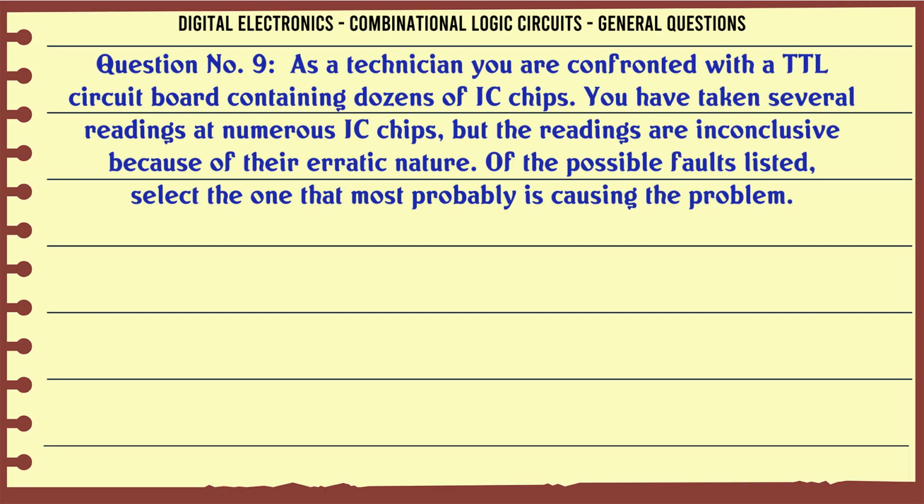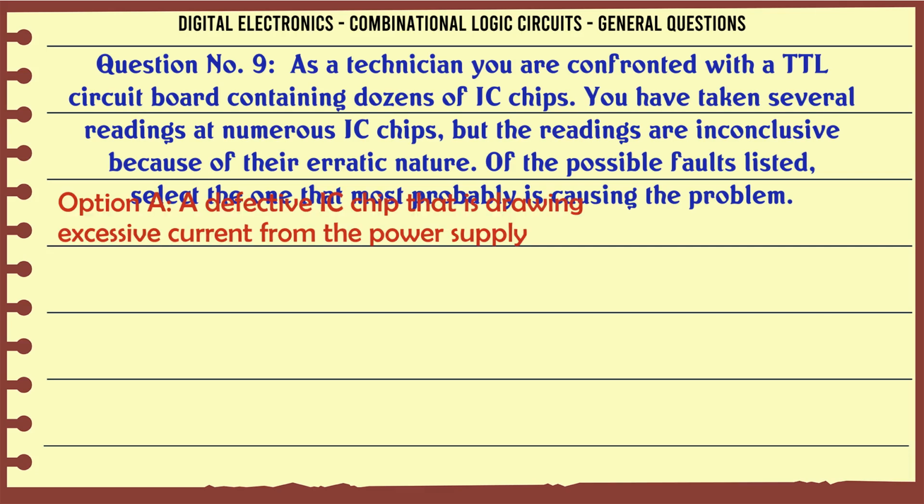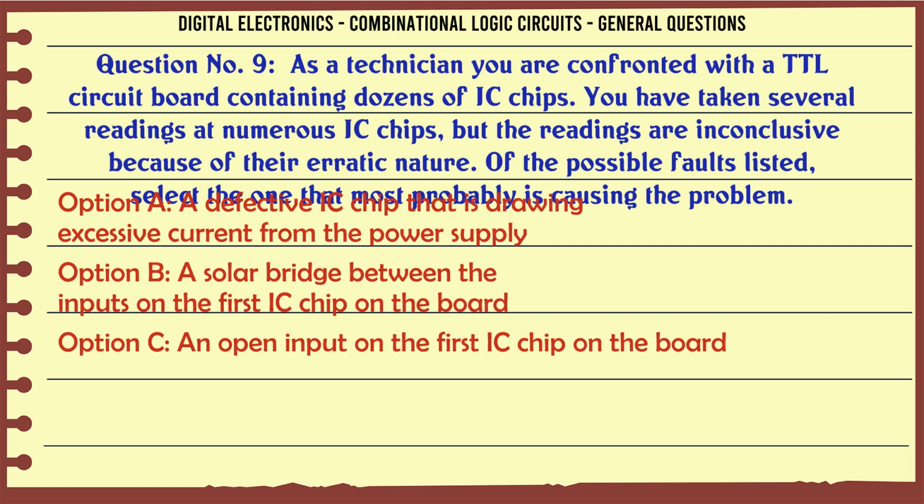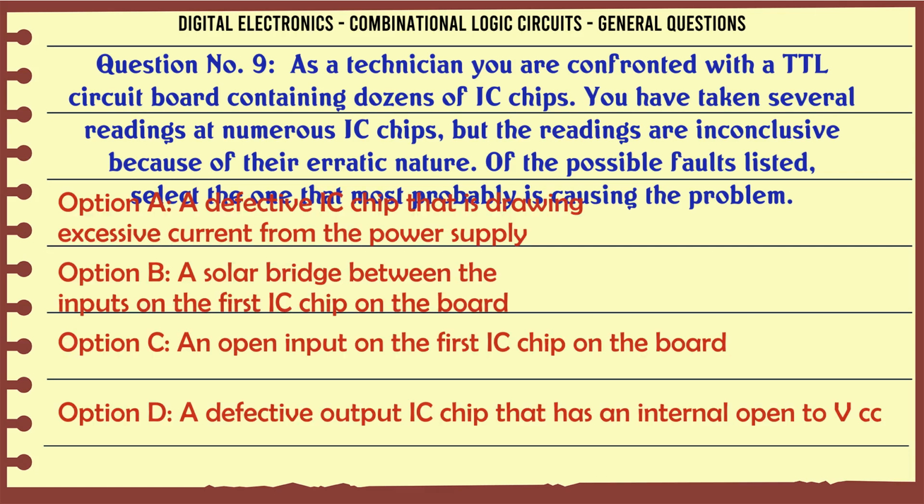As a technician, you are confronted with a TTL circuit board containing dozens of IC chips. You have taken several readings at numerous IC chips, but the readings are inconclusive because of their erratic nature. Of the possible faults listed, select the one that most probably is causing the problem.